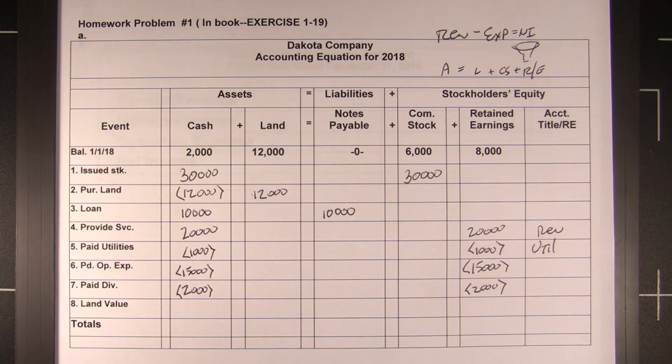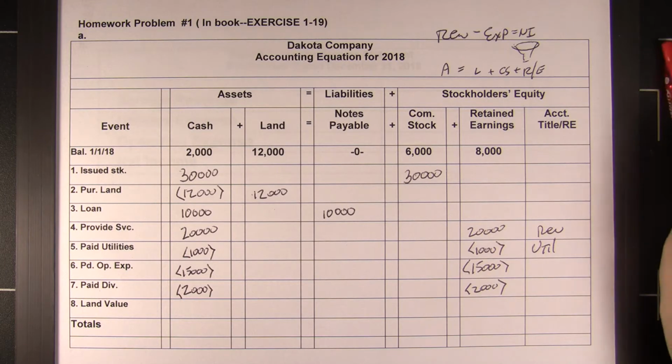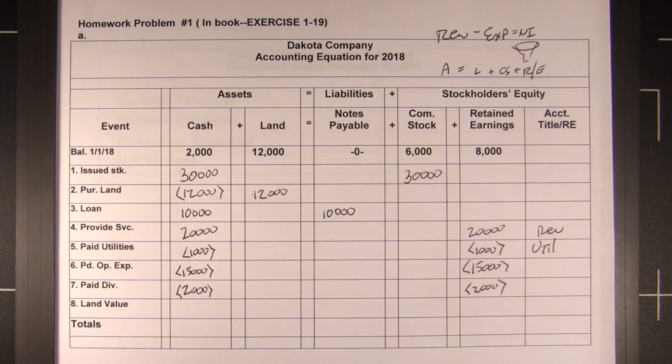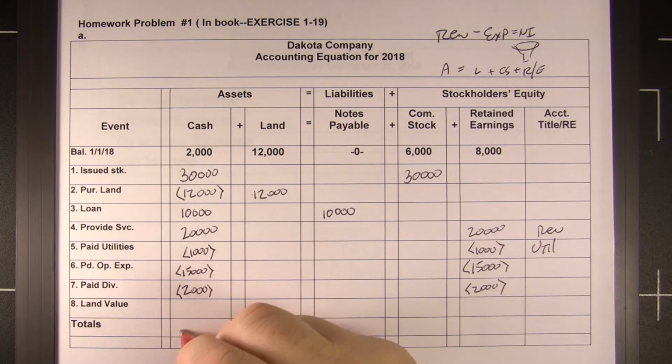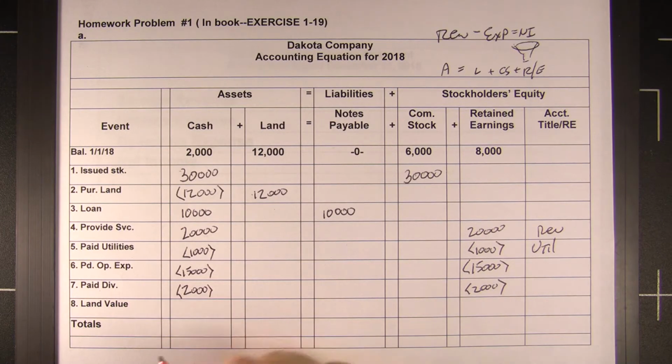Now the last one is a little bit of a trick question because they want you to think you're supposed to do something. Well, there's an accounting rule that says whatever you buy, you keep at its historical cost. So our land went up in value, our land could have gone down in value, our land could have been turned into a thermonuclear wasteland.